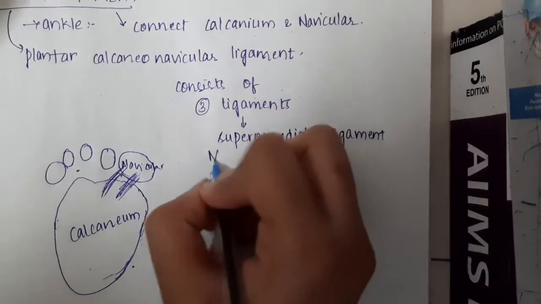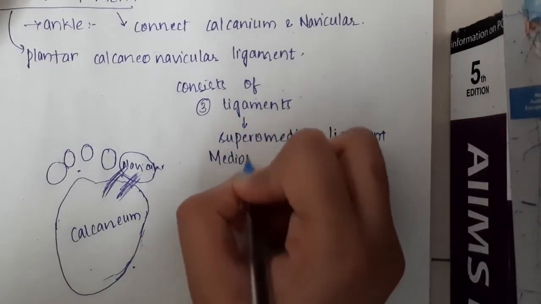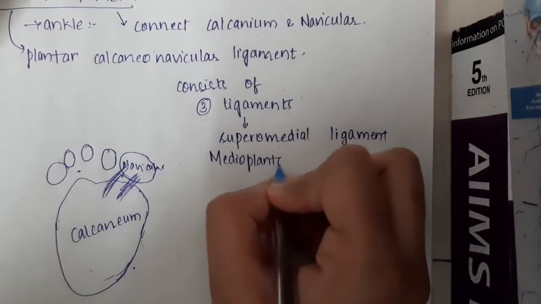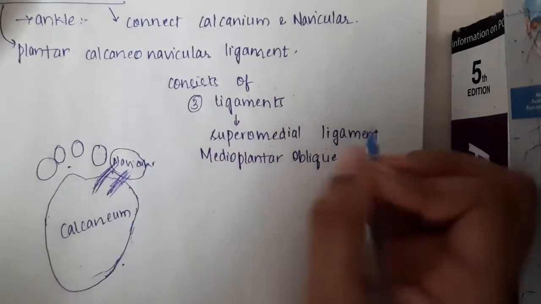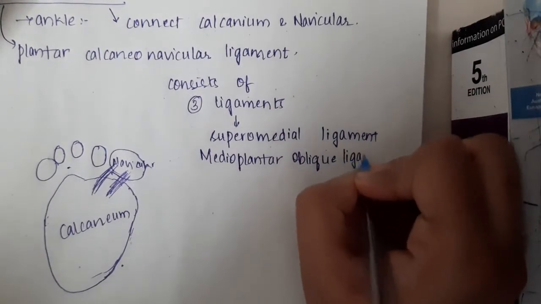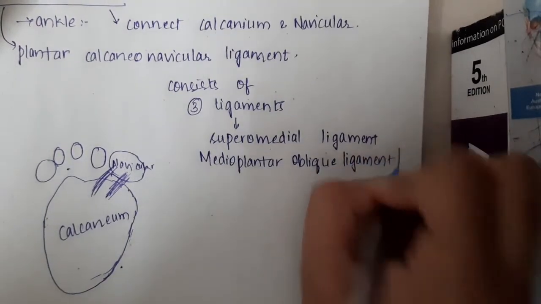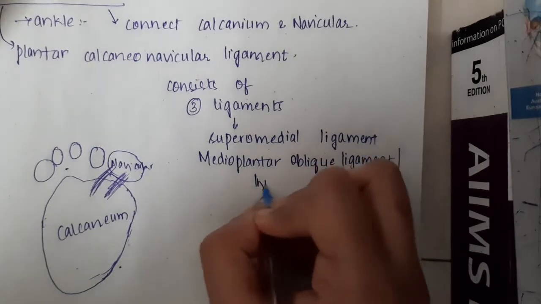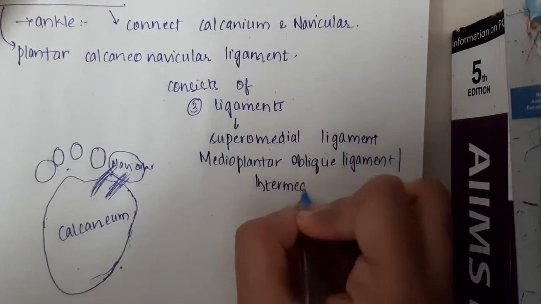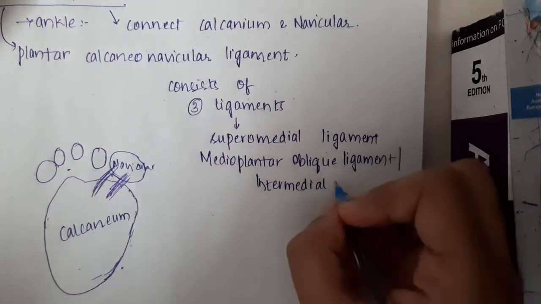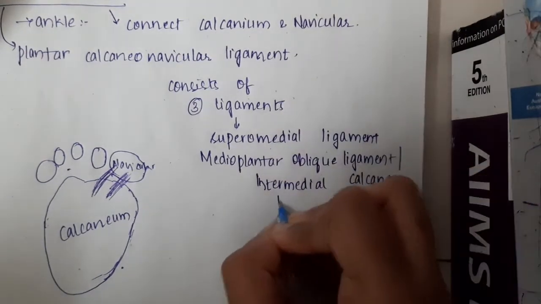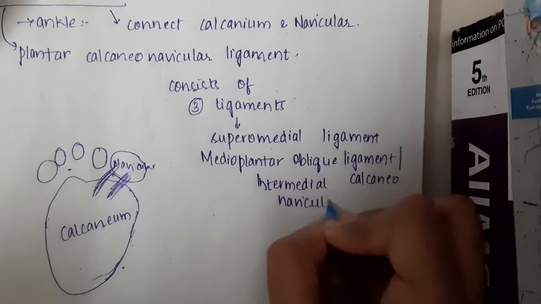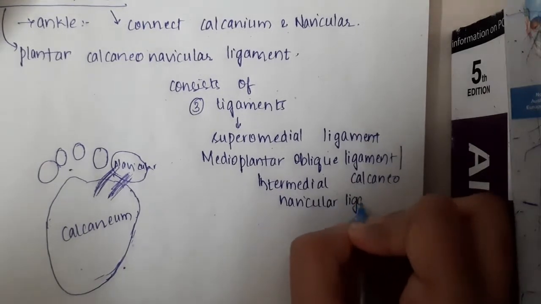It also consists of the medioplantar oblique ligament, which is also called the intermediate calcaneonavicular ligament.